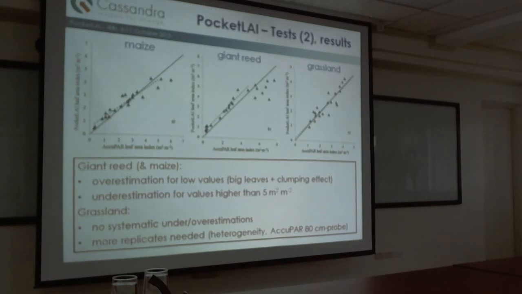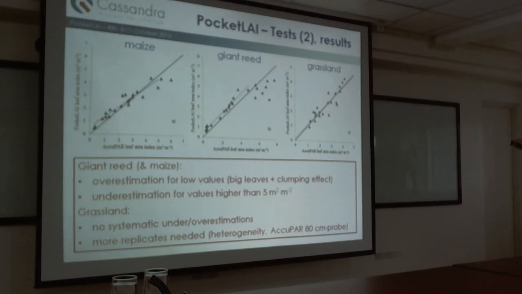And this is due to the big leaves and to the clamping effect, rows, and very big leaves in this case. And then there is an underestimation here for values higher than 5, and this means that the model we used is more sensitive to the saturation effect, which characterizes all the indirect methods. Of course, under these conditions, with this kind of canopies, we really markedly deviate from the assumption behind the model we used. For the grassland, there are no systematic errors, but measures are more spread.